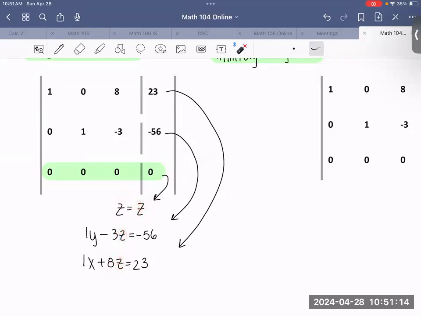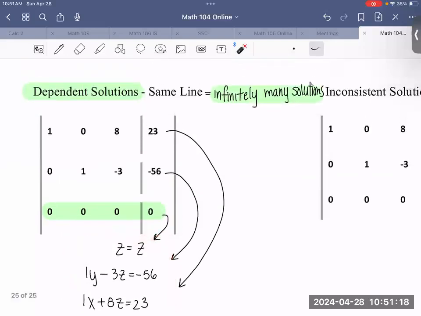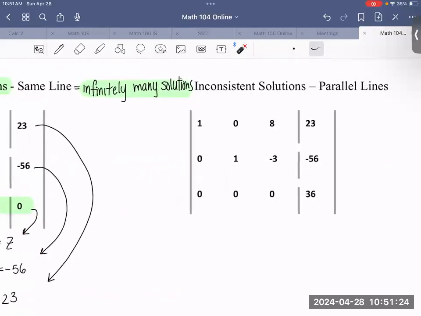This is just setting us up for the future where we're going to be building equations because these are infinitely many solutions. Now, the opposite is true for any sort of one that is called an inconsistent solution, parallel lines, which is another way to say no solutions.